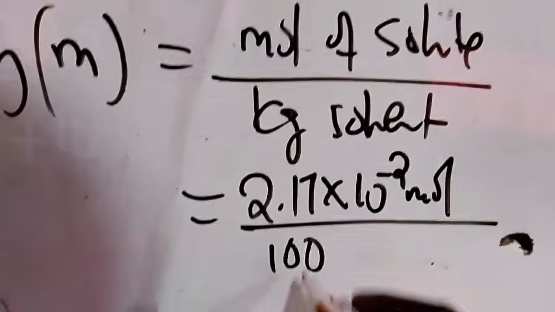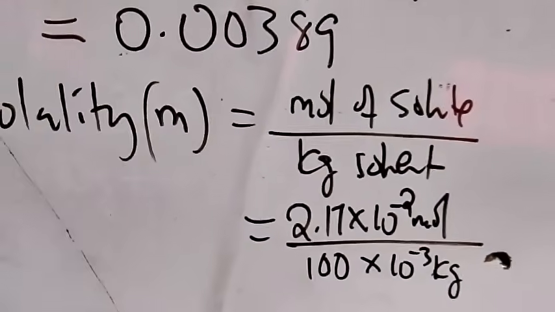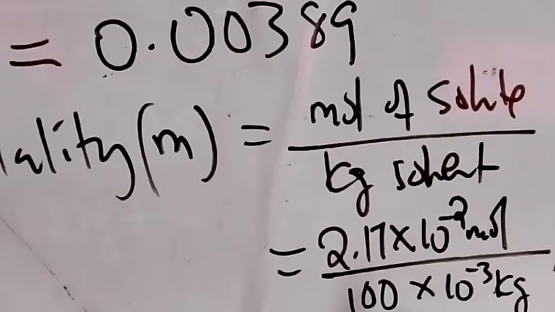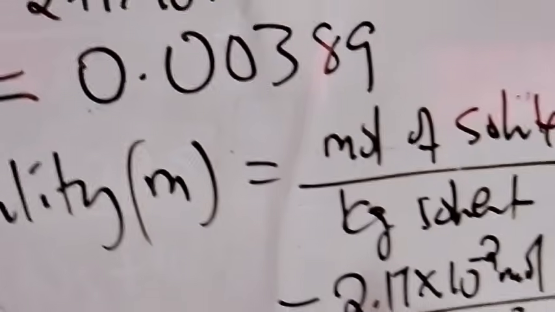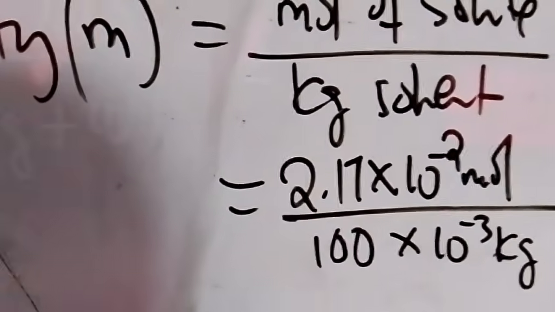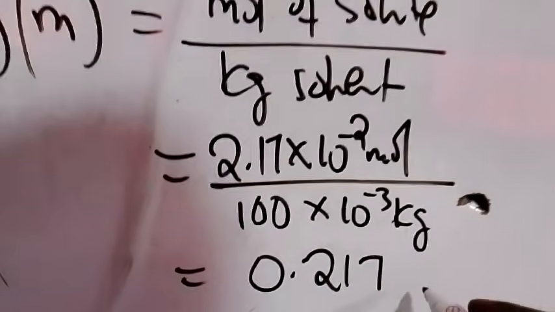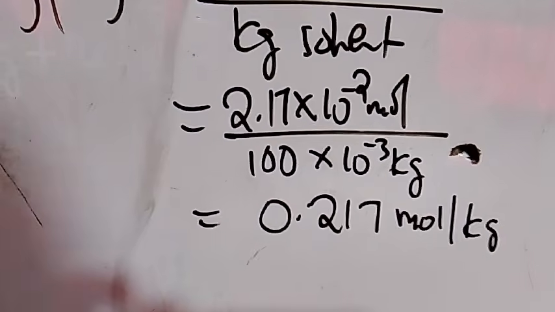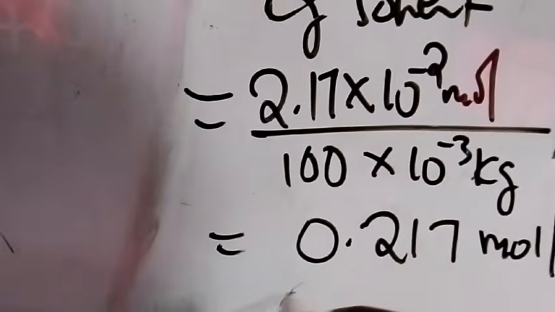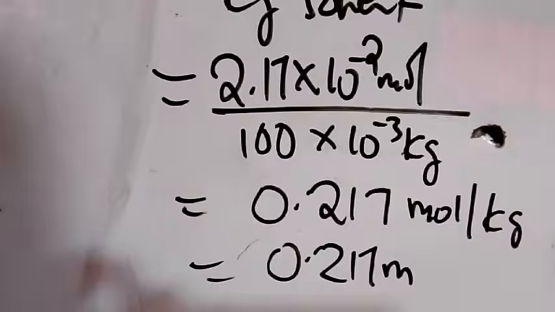The mass of water is 100 grams, which we convert into kilograms: 100 times 10 to the power negative 3 kg. Then we divide, and we find 0.217 mol per kg. That is our molality, or you can simply say 0.217 m, with a small letter m.